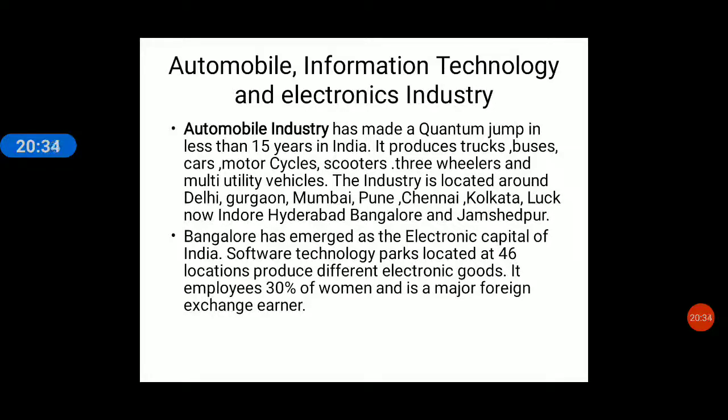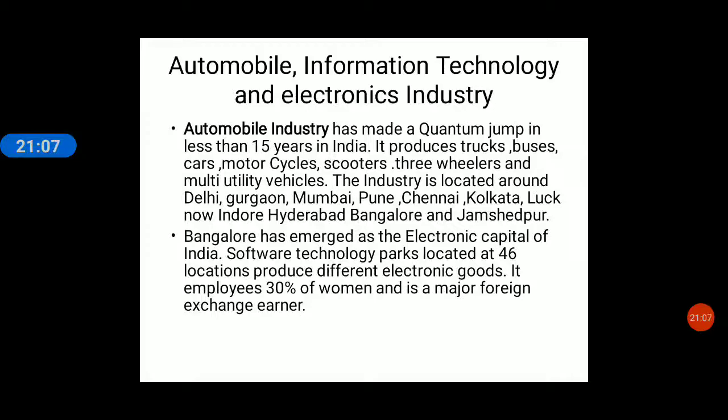Now, software technology parks are located in 46 locations around India, and these are also economic zones, where the government provides facilities for setting up IT industries or electronic industries.